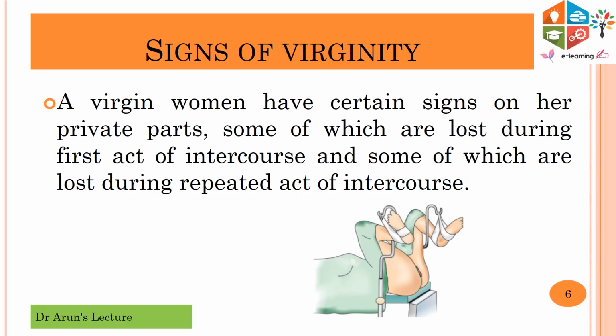On first inspection, if the labia majora and minora are covering the entire vaginal orifice, the female could probably be a virgin. On repeated acts of intercourse, on first inspection we are able to see the vaginal orifice and other internal structures.